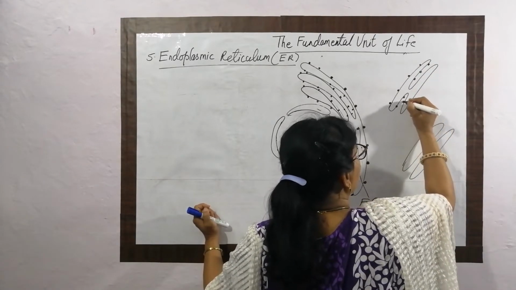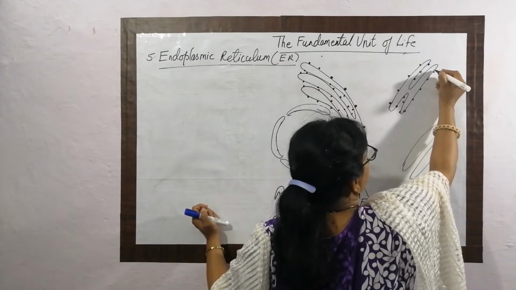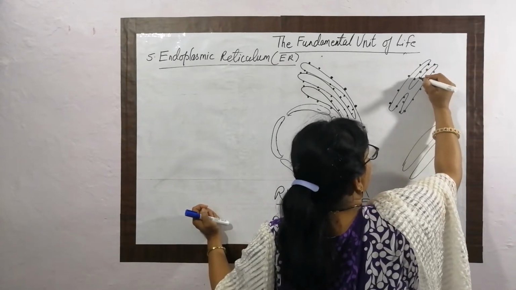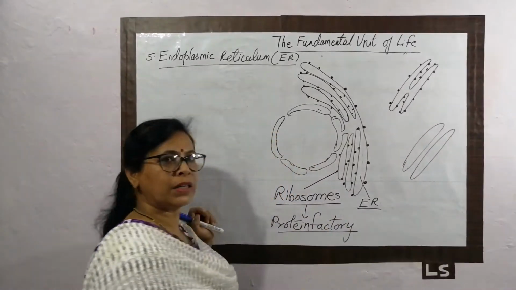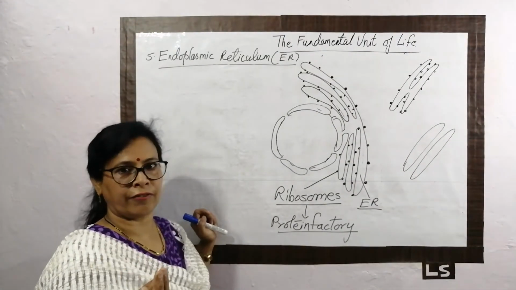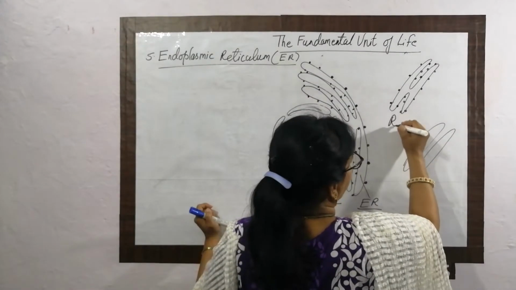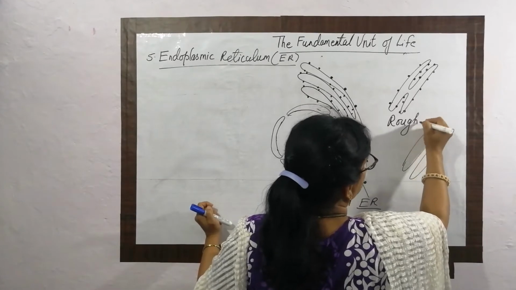What happens if you touch the surface of the endoplasmic reticulum? If the granules of ribosome are present on the endoplasmic reticulum and you touch it, you feel it is rough. Because some granules are there, we call it rough endoplasmic reticulum.